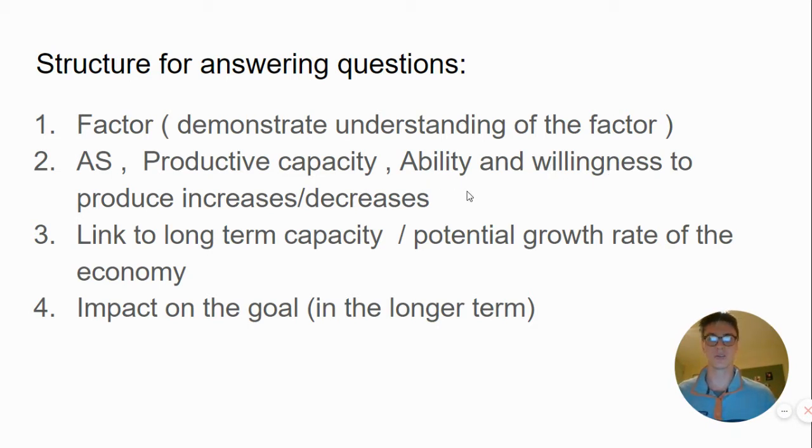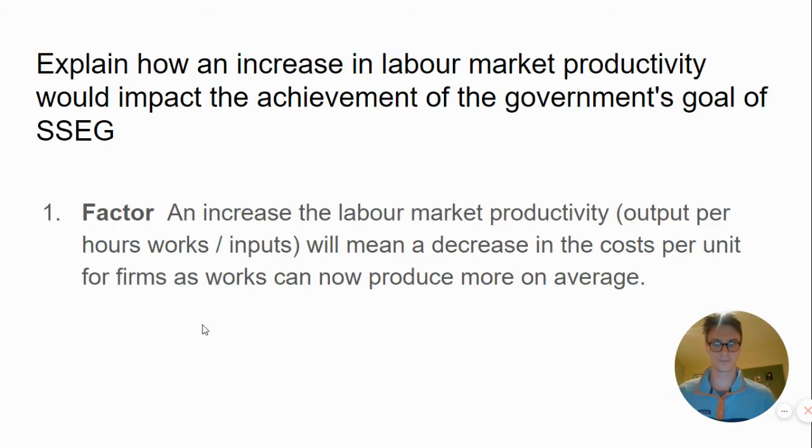Does that increase or decrease? So this second mark here is almost like your formula for aggregate demand. And again, it's really simple because if aggregate supply increases, so does productive capacity, and so does the ability and willingness to produce, and vice versa. The third mark is to link to our long-term capacity and the potential growth rate. And finally, to bring it back to the goal.